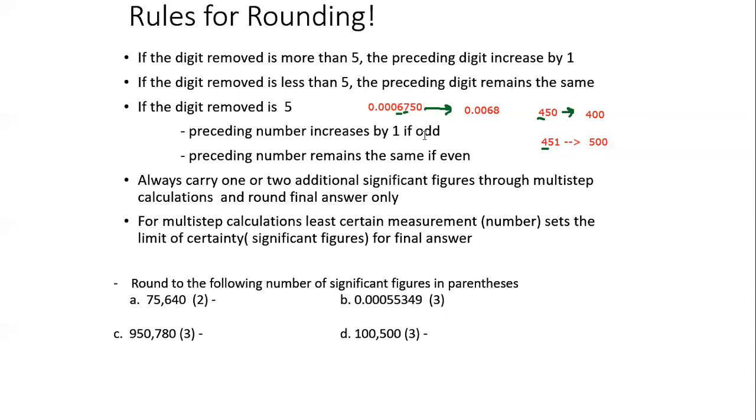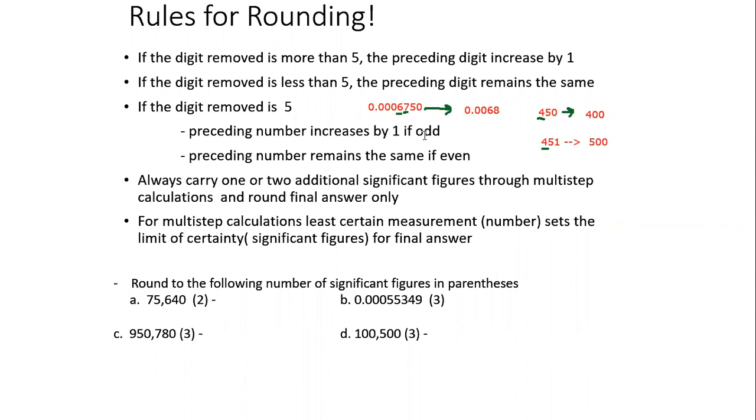Now, this becomes important when we look at doing conversions with multiple steps. We need to make sure that in each of the steps, we keep quite a few significant figures until we get to the very last step and our final answer.